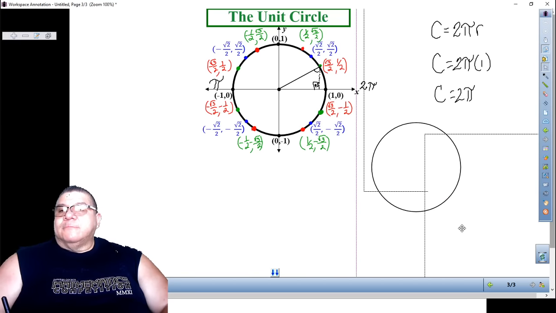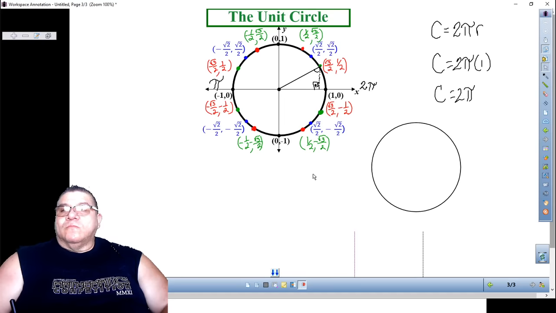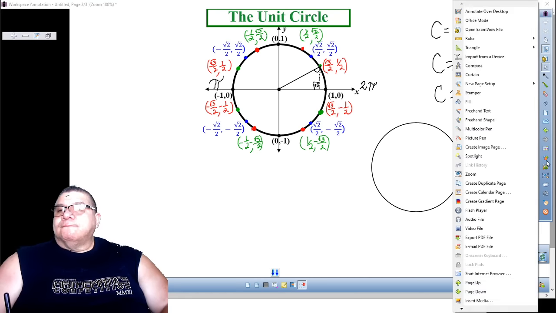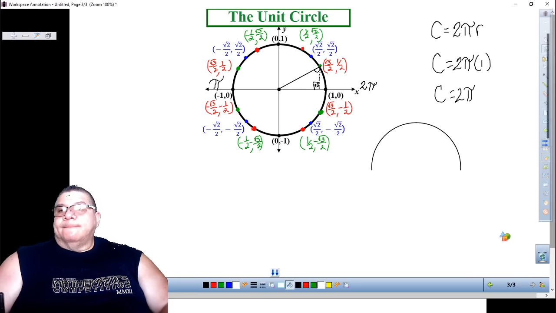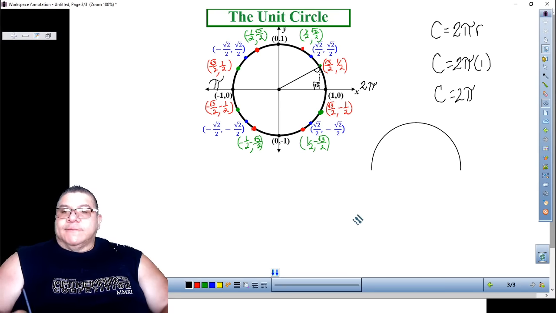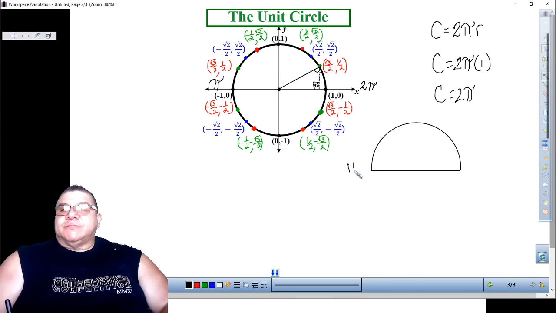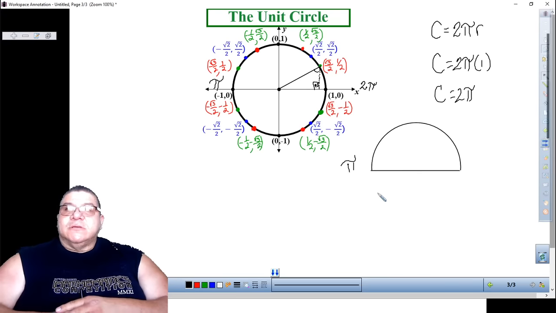Alright, hold on. So there's half of my circle. So half of my circle, we said that from here to here this is pi. Do you guys see it? There's my half circle. Okay.